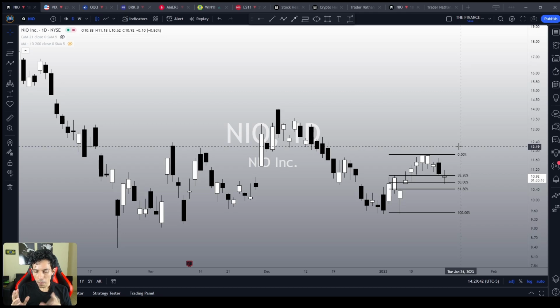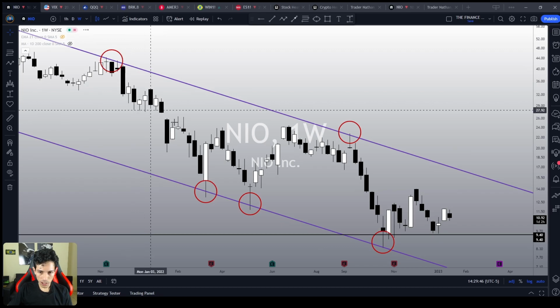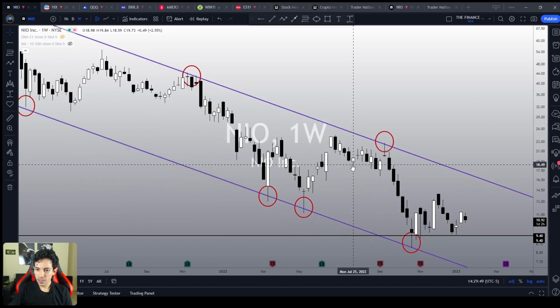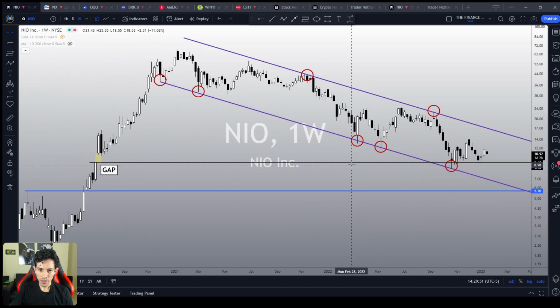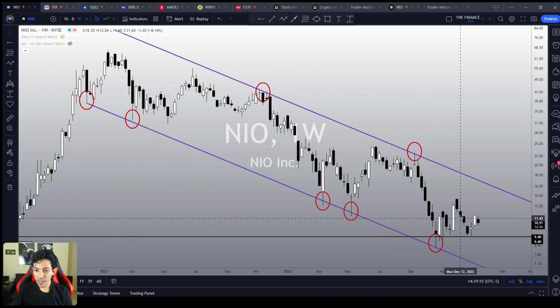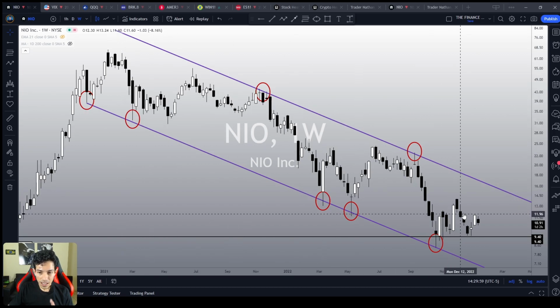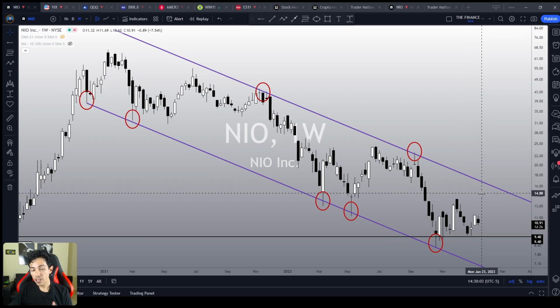sharper, more dangerous correction because in the weekly chart, NIO is in a quite delicate situation. The trend is clearly bearish. NIO is inside a descending channel, doing lower highs, lower lows, and if we bounce to the $14, okay, great. However, the trend would still be bearish.